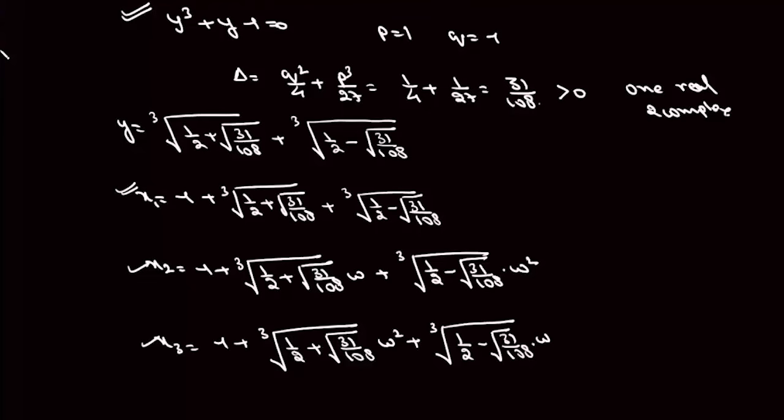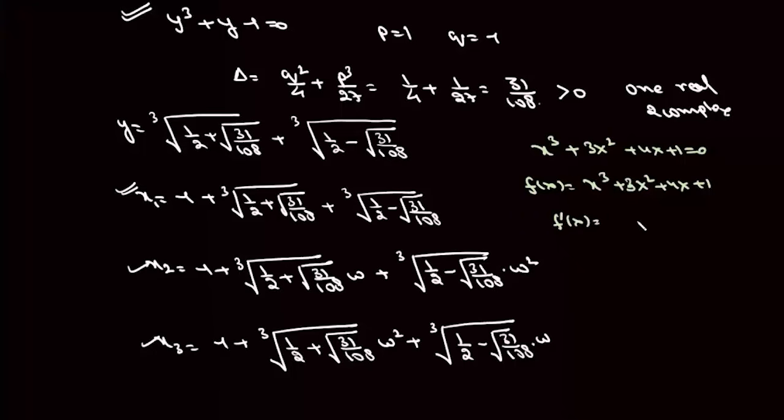Now, if we did not know Cardano's method, what we could have inferred is this. For the cubic equation x cube plus 3x square plus 4x plus 1 equals 0, we consider the function f(x), which is x cube plus 3x square plus 4x plus 1.